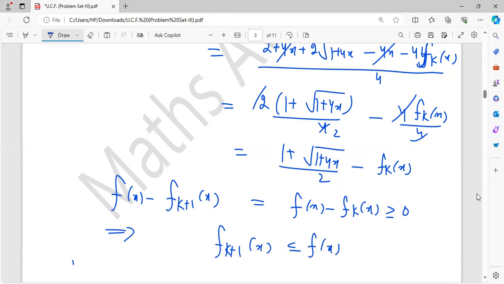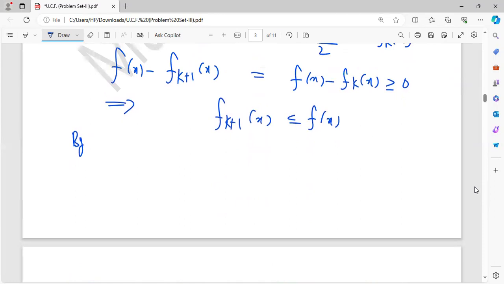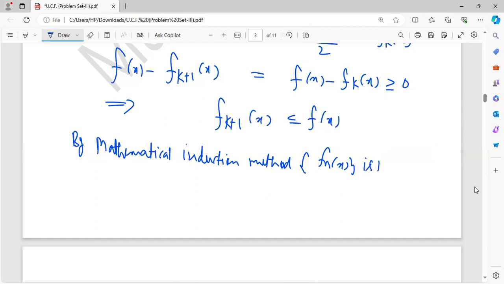So it means by mathematical induction method, f_n(x) is increasing and bounded above by f(x). So by monotone convergence theorem, f_n converges to f(x).